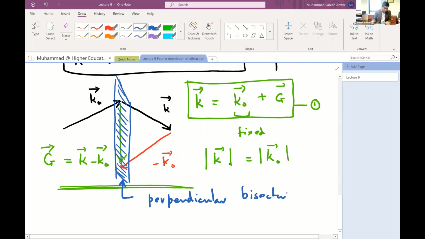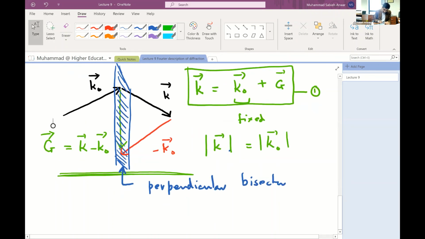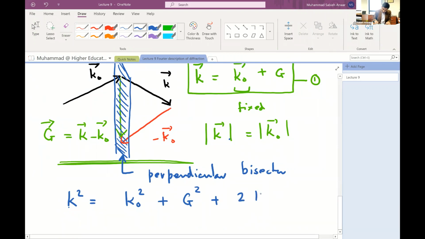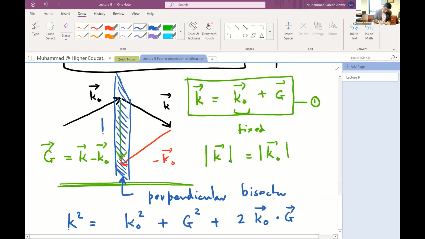Now, another way to look at this is the following. If I look at equation number 1 and square both sides, I get K squared equals K naught squared plus G squared, which is the magnitude squared of the reciprocal lattice vector, plus 2 K naught dot product with G. Now, G is this particular direction here, remember, from the Bragg's formula.